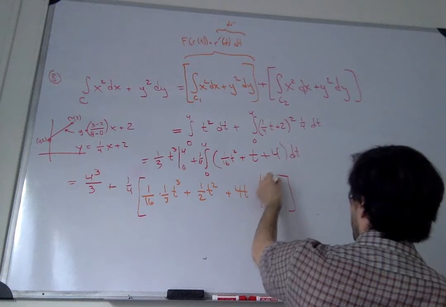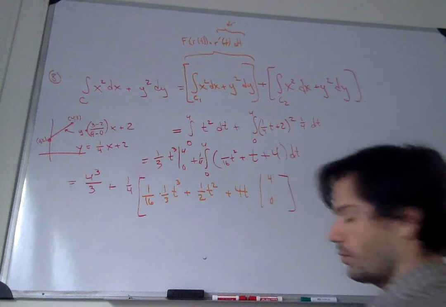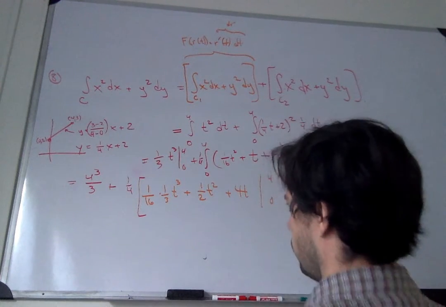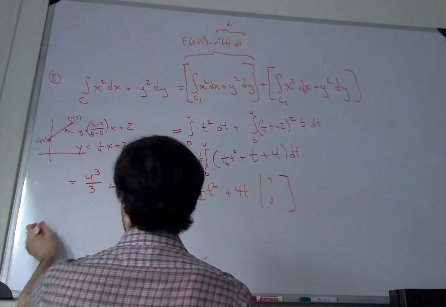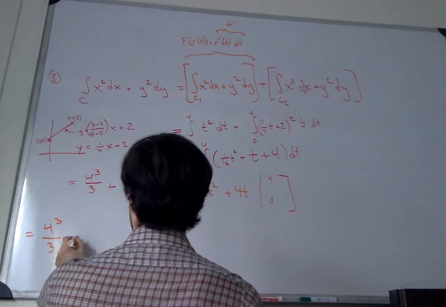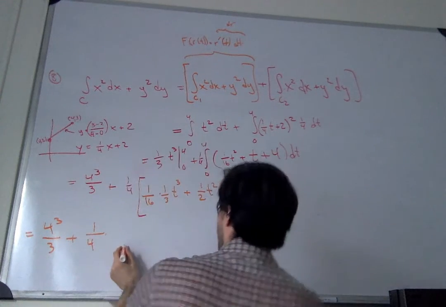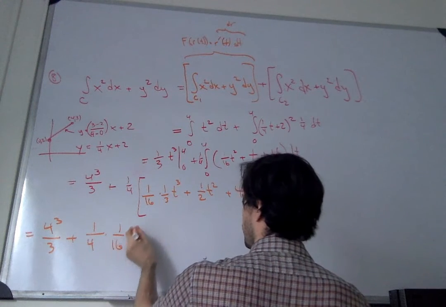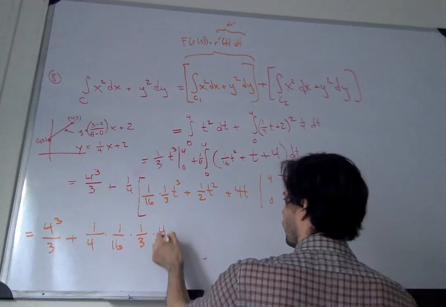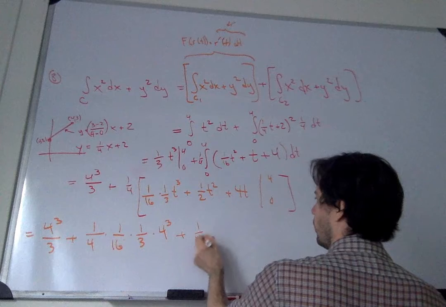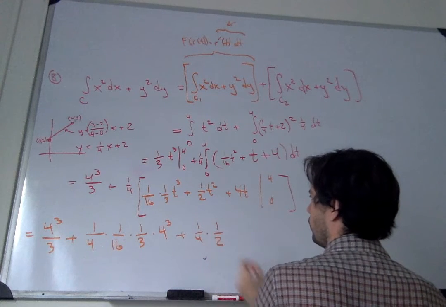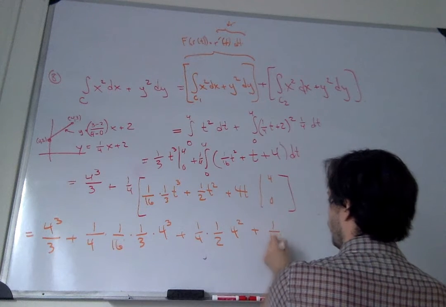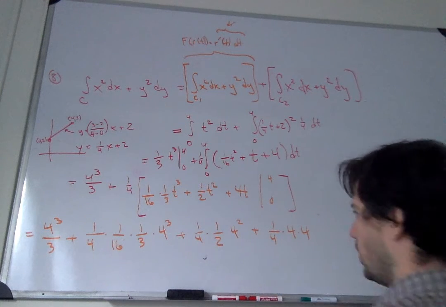And t is going from 4 to 0. Okay, so we can handle this. 4 cubed over 3 plus 4 times 1/4 times 16, 3, 4 cubed plus 1/4 to 1/2, and 4 squared plus 1/4, 4 times 4.